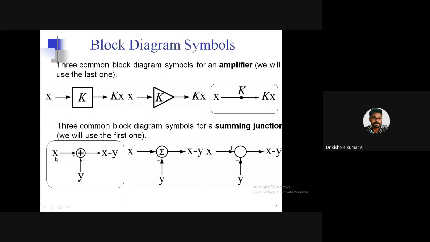Here the X signal and Y signal are summed, where X is plus and Y is minus, so finally you will get the output X minus Y. Sometimes we use a summation symbol, and sometimes the plus and minus signs are shown near the arrow mark. These are all the common symbols. In problems, they may give any form.